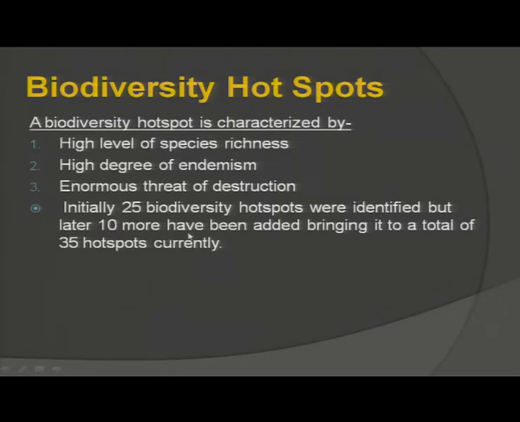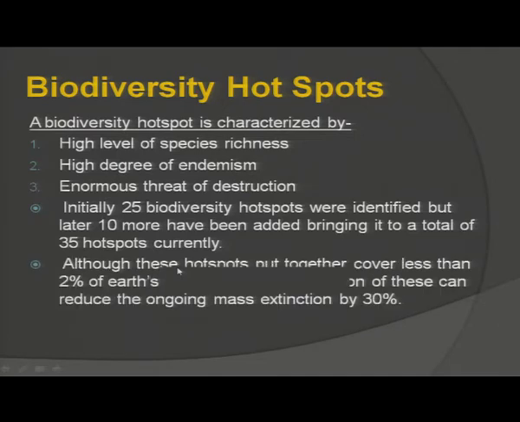Initially, 25 biodiversity hotspots were identified, but later 10 more were added, bringing it to a total of 35 hotspots currently all over the world. One more important feature of these hotspots is that together they cover less than 2% of the Earth's land area.